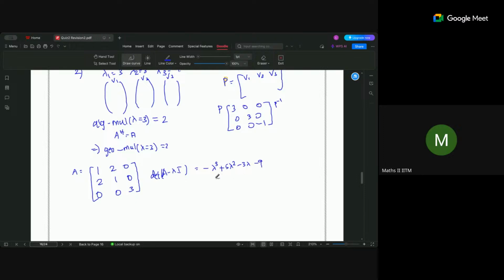When you split it up, you get lambda plus 1 times lambda square minus 6 lambda plus 9. So this is lambda minus 3 whole square. Okay, fine. Yep, thank you.